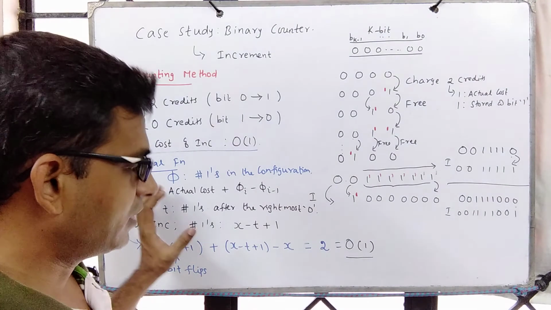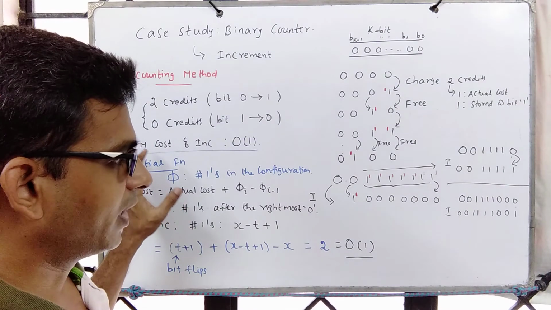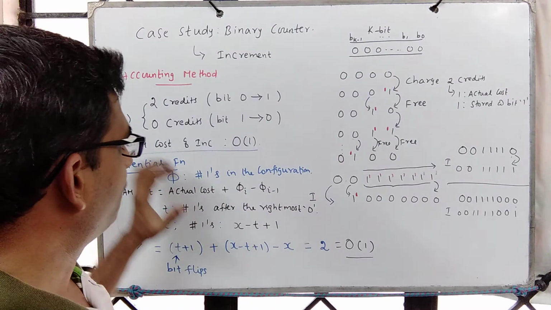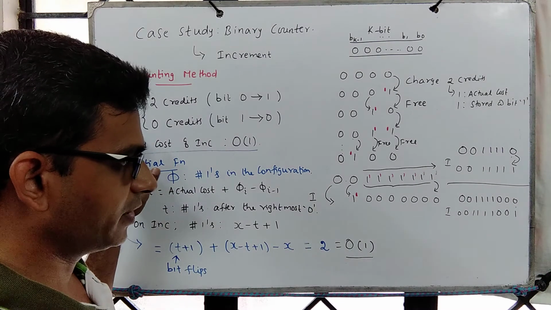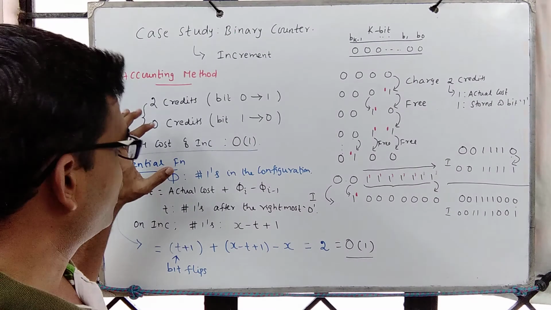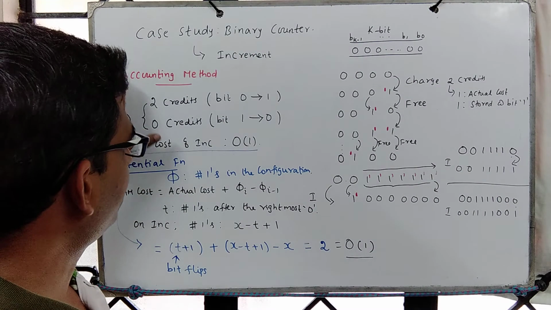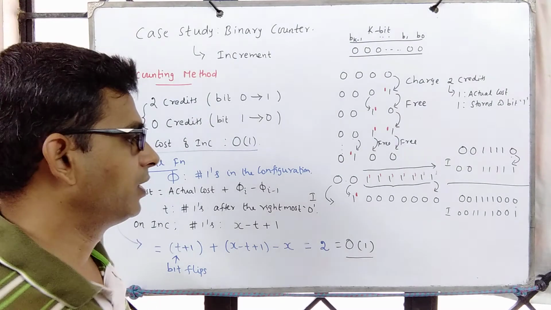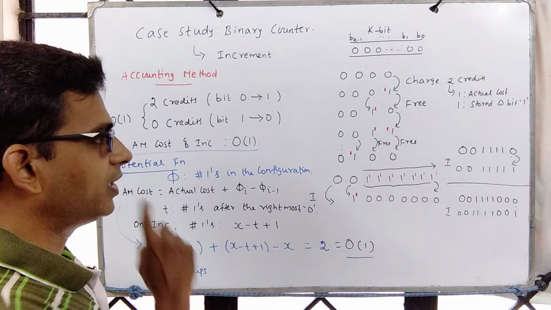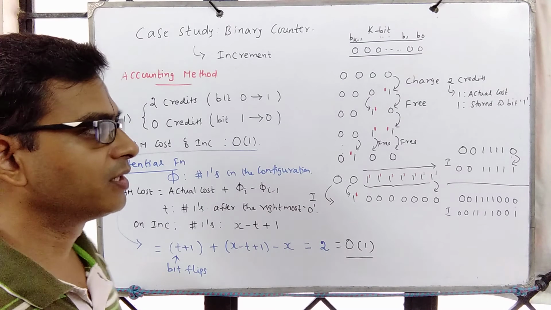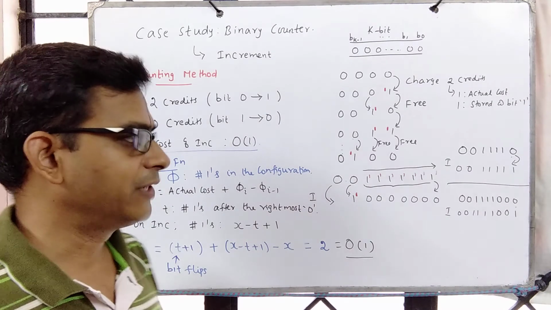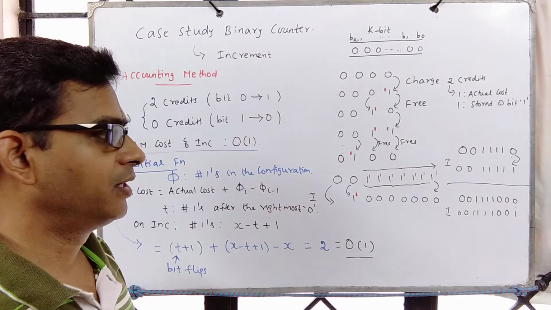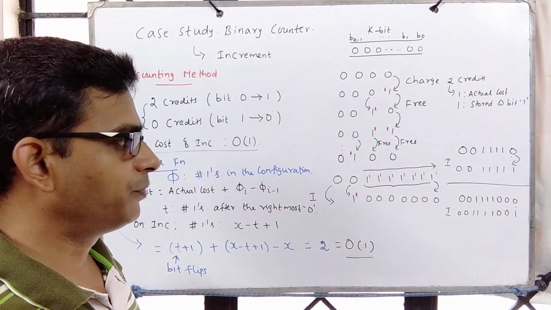So we have just now analyzed the aggregate method using a micro level analysis, focusing on the number of bit flips in each column, and subsequently we used that knowledge for the accounting method as well as the potential function method. As part of the accounting method, when we flip 0 to 1, we charge 2, one for the actual flip, and another stored with the bit itself, which will be used later when we flip 1 to 0.